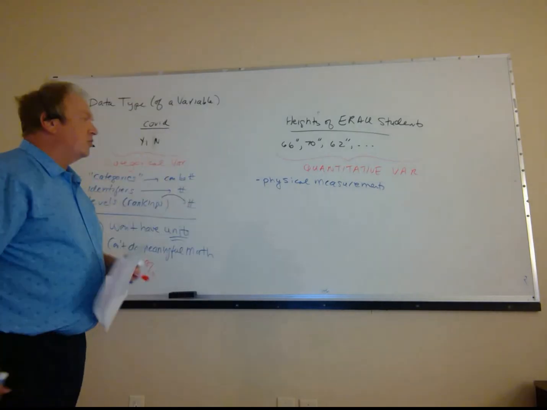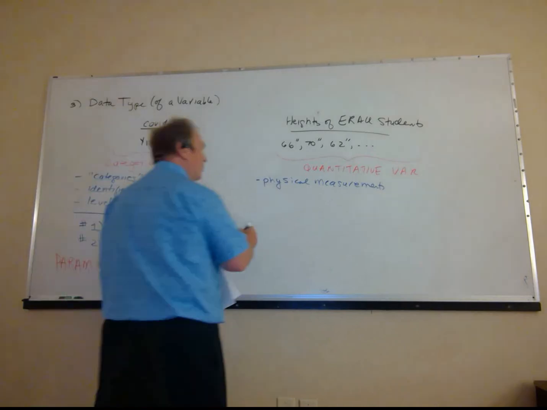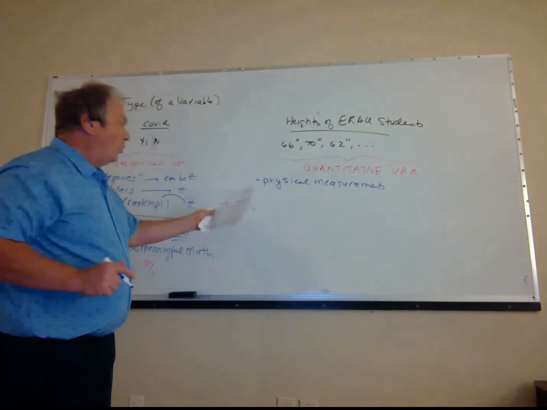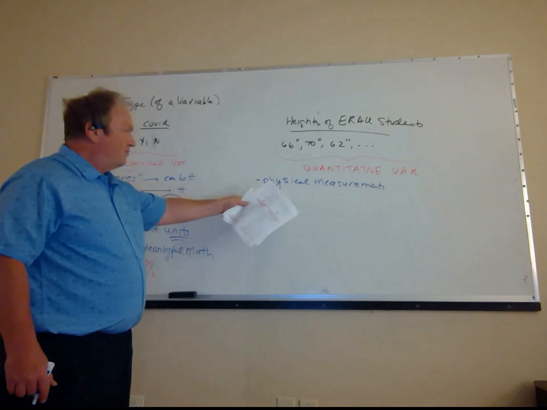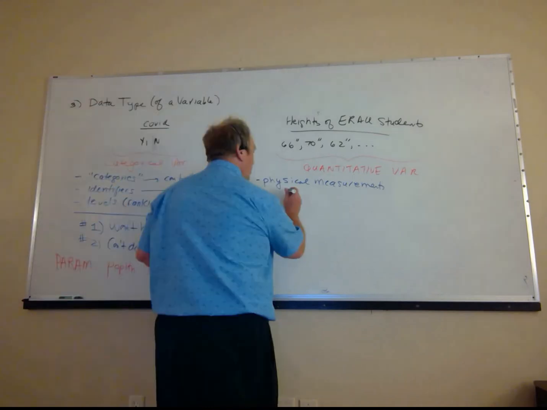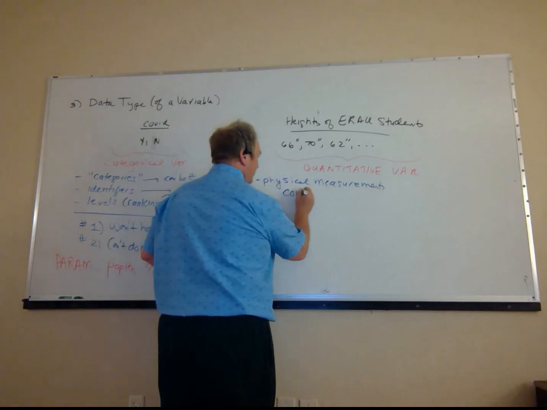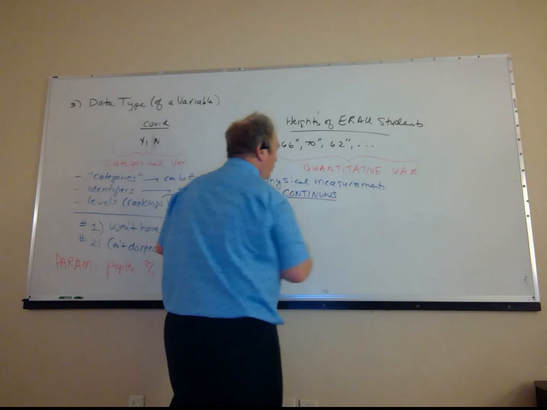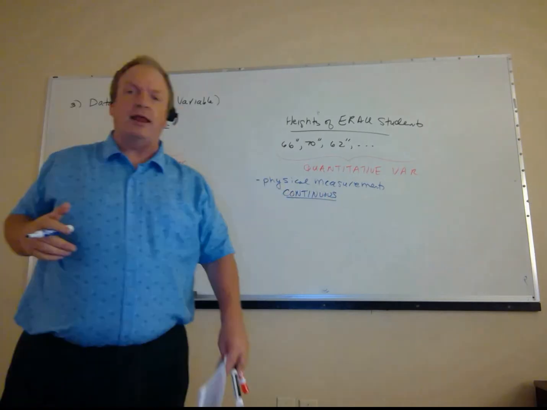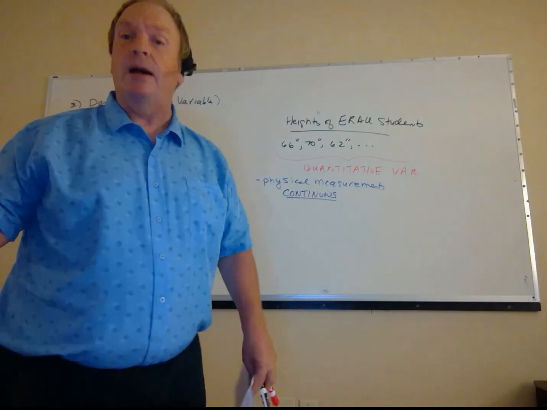This is always quantitative. The other is count data. And by the way, quantitative measurements that represent physical measurements are generally what we call continuous variables. In other words, their values are thought of as filling up a number line, okay?